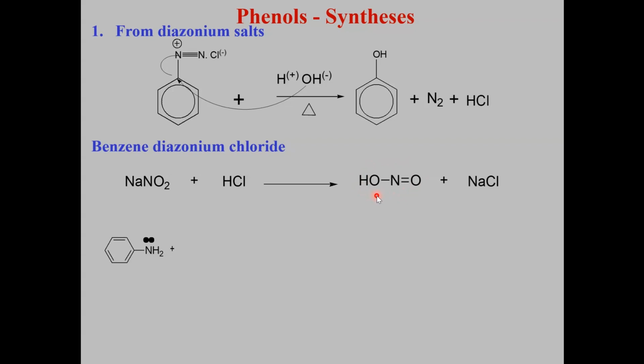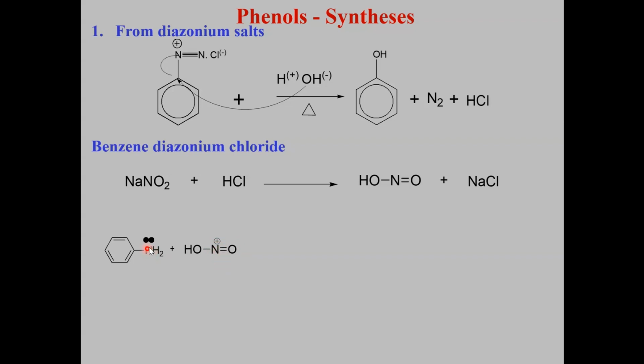Then I will add aniline to the nitrous acid solution. In nitrous acid, nitrogen is a positive center because adjacent to it there is an electron withdrawing group, oxygen, which is more electronegative than nitrogen. It renders this nitrogen positive.